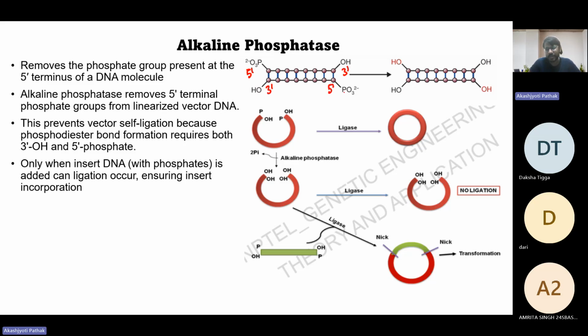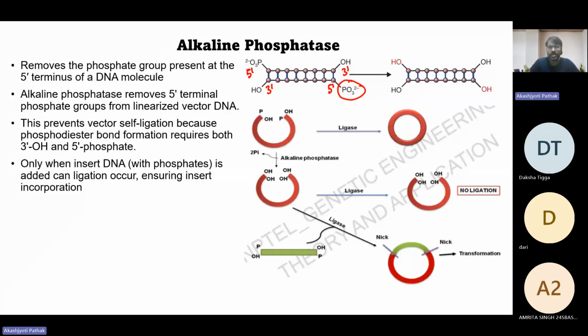DNA always has a 5' phosphate group and a 3' OH group. Now if you add alkaline phosphatase to the DNA, it will cleave the phosphate group present at the 5' end and add an OH group. Now, why is alkaline phosphatase very important in cloning?